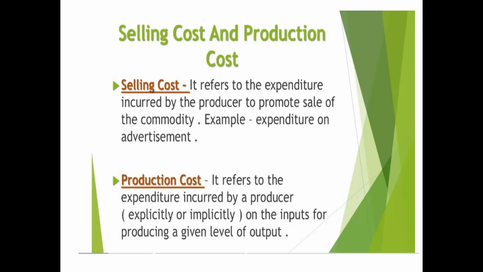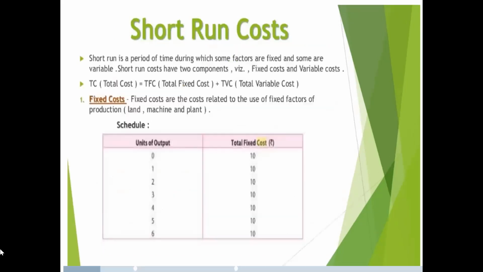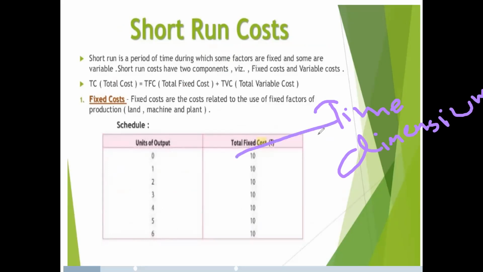Then if we consider another criterion, based on the time dimension, we can identify basically two types of cost: short run and the long run.